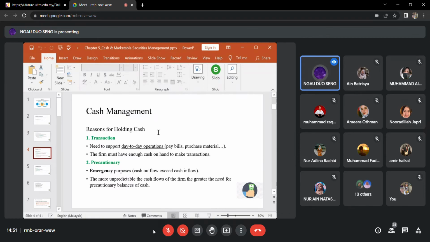Then we have precautionary. This one is for emergency purposes. So cash outflow, exit, cash inflow, emergency. The more unpredictable the cash flow of the firm, the greater the need for precautionary balances of cash.